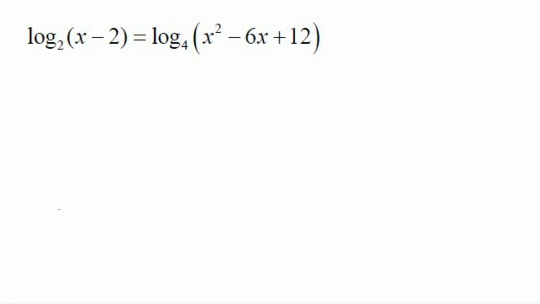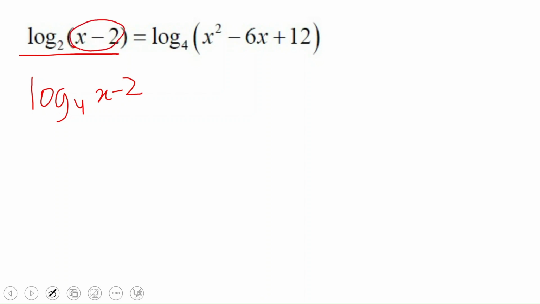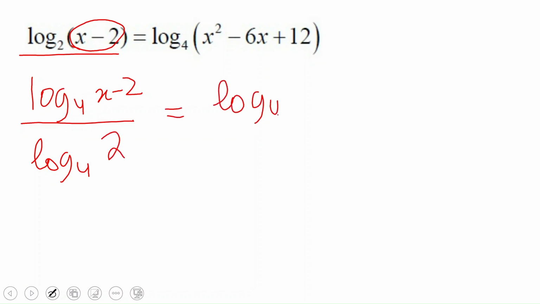Log base 2 of x minus 2 is equal to log base 4 of x squared minus 6x plus 12. So to solve this, we need to change the base. Let's change this one to log base 4. And to do that, we write log base 4 of the inside value, x minus 2, divided by log base 4 of 2. And this is equal to log base 4 of x squared minus 6x plus 12.